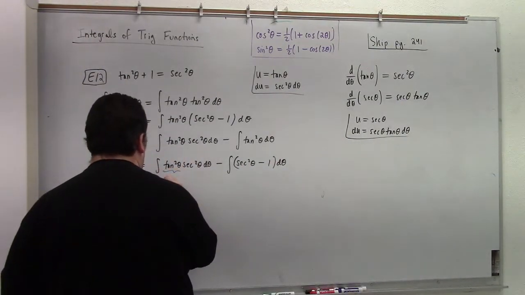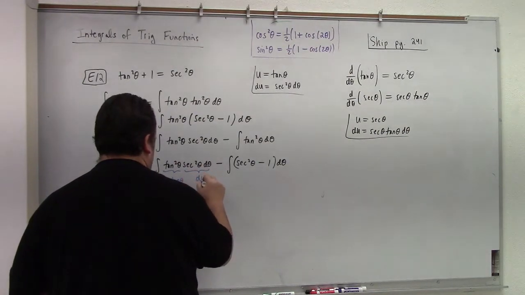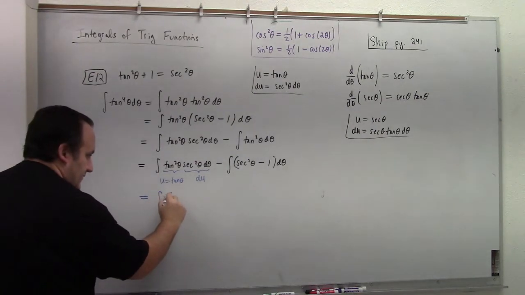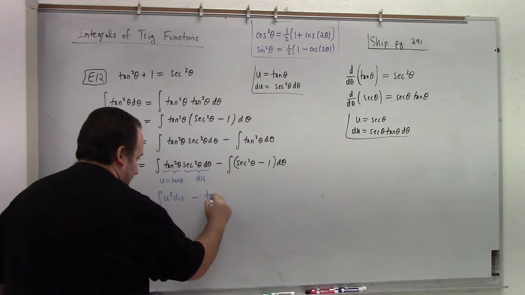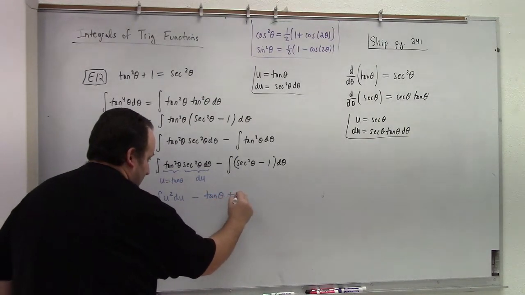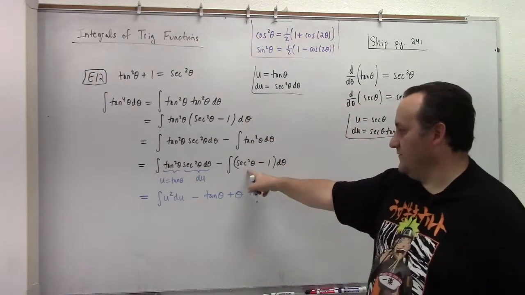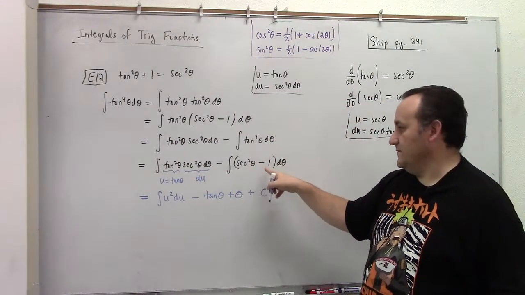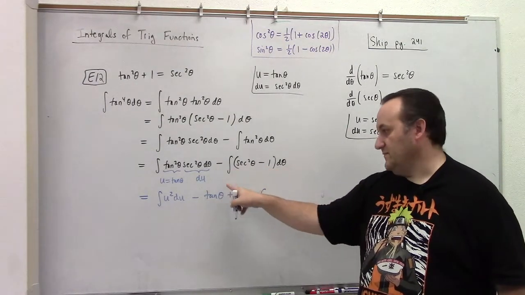If I let u equal tangent theta, then this is du. So I have the integral of u squared du, minus tangent theta plus a constant. The integral of secant squared is tangent. The integral of minus 1 is minus theta, but I've got the minus out here, which gives me a plus.